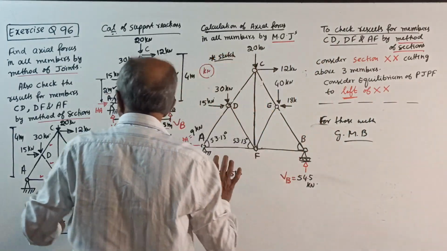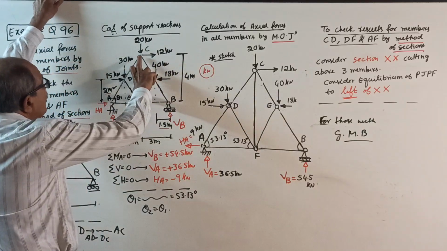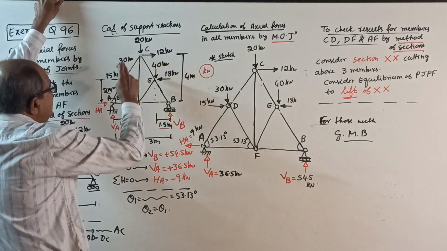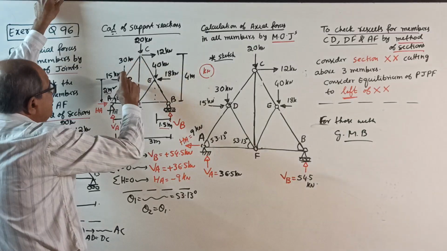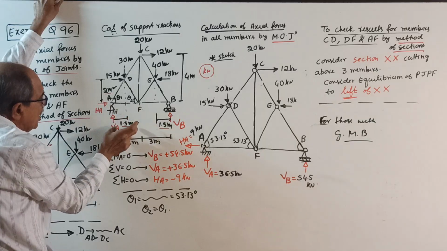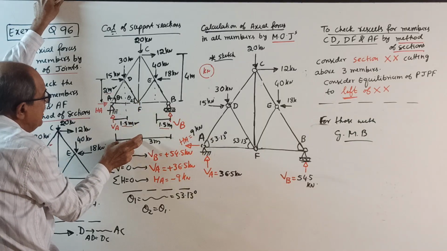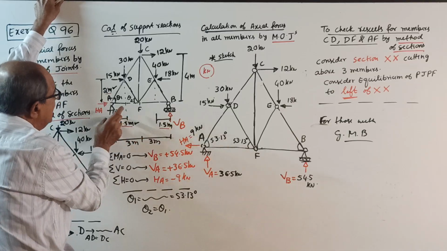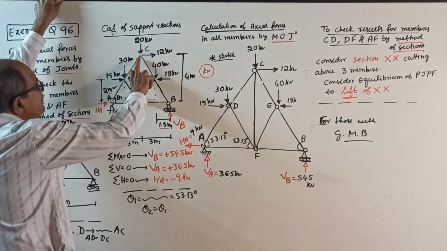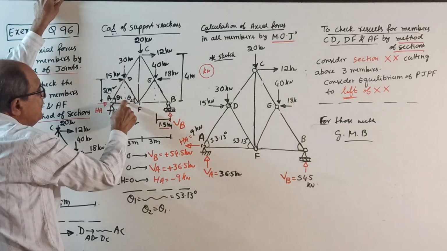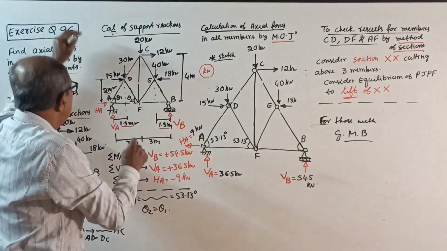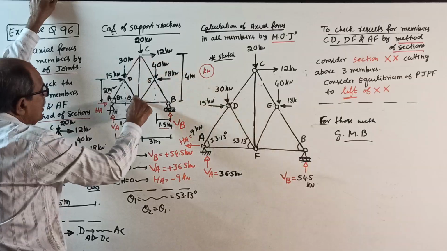Here, this is 4 meter, this is 3 meter, this is the midpoint of AC. If this is the midpoint of AC, then automatically if I project here, this is the midpoint of AF. AF is 3 meter, so 1.5. Both are 1.5. And this height is 4. This is the midpoint. When this height is 4, the height of the midpoint is half of 4, 2 meter. Directly you can get.